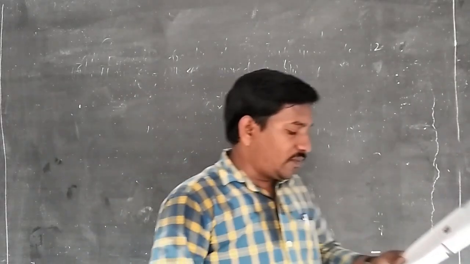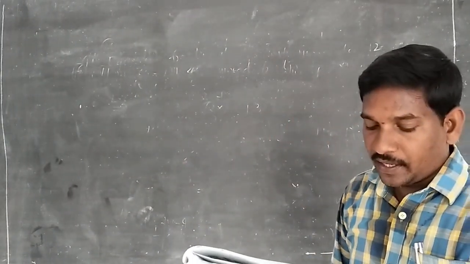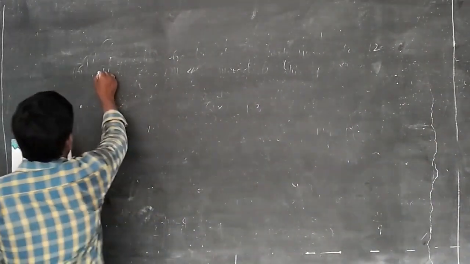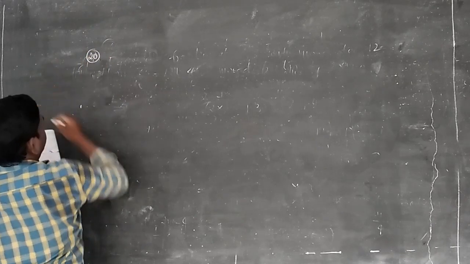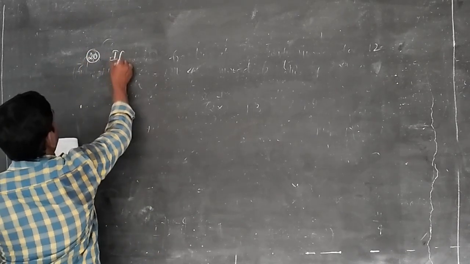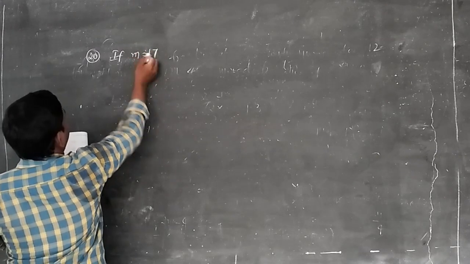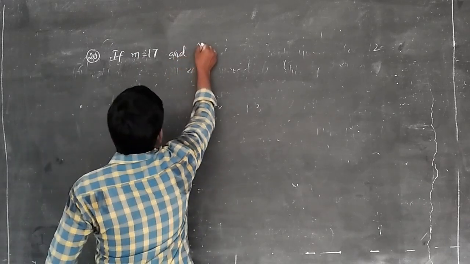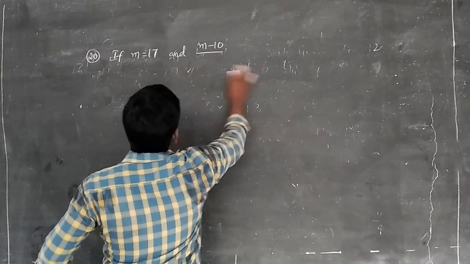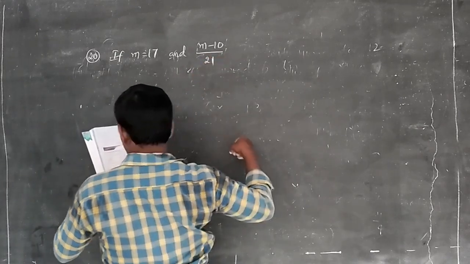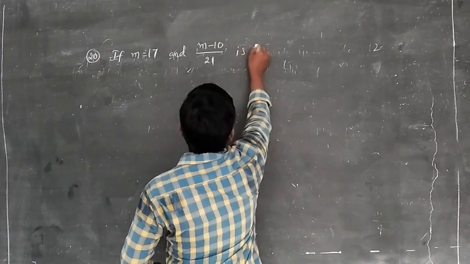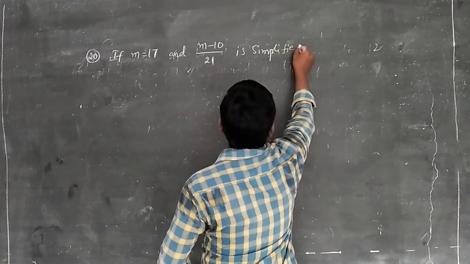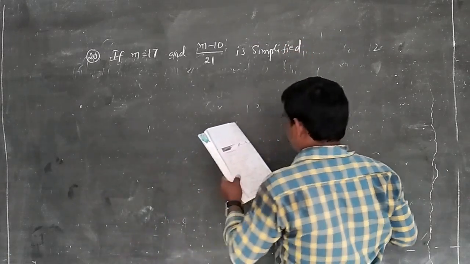And 28th problem: if m equal to 17 and m minus 10 by 21 is simplified, then the proper fraction is. 28th problem. If m equal to 17 and m minus 10 by 21 is simplified, then the proper fraction is.